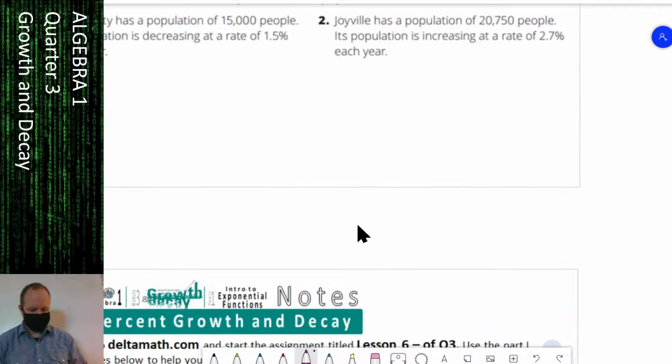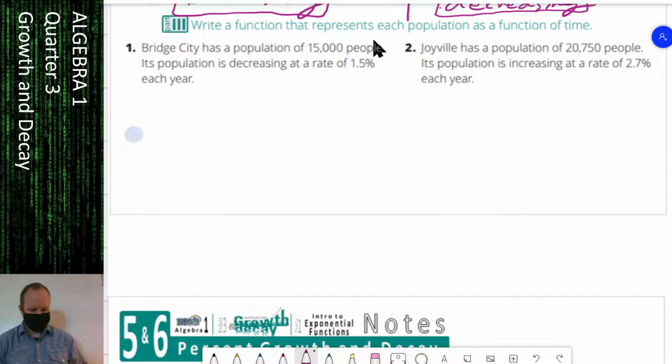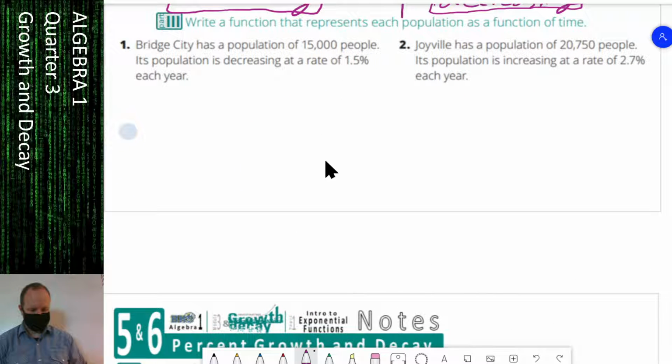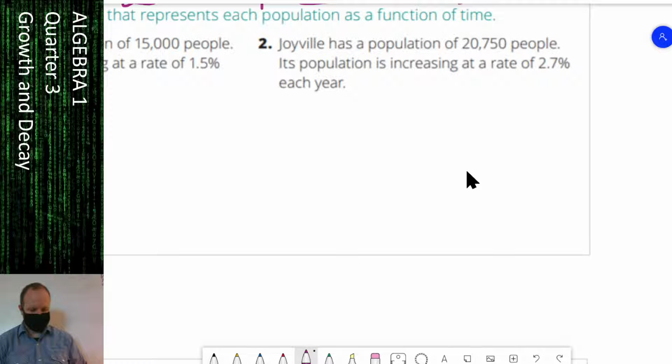on our notes. So it's still the front side. And we're given a town with a population, and we're telling how it's changing. And so actually, let's go ahead and take a look on part 3 at number 2 first. And we need to come up with a function.